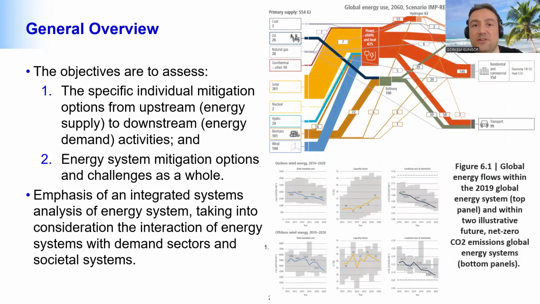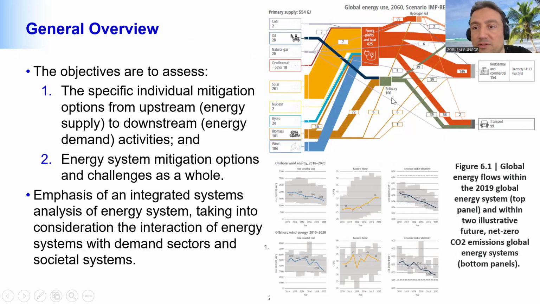And in the figure, we can see that the fossil fuel supply is substituted by renewable energies, and also there's a reduction in primary energy supply. We can see that there's a large input from solar power to electricity generation.